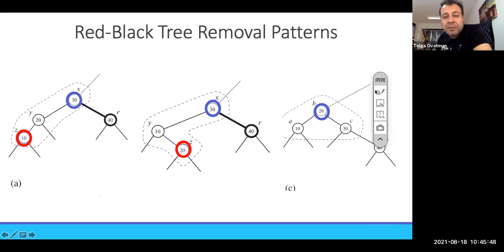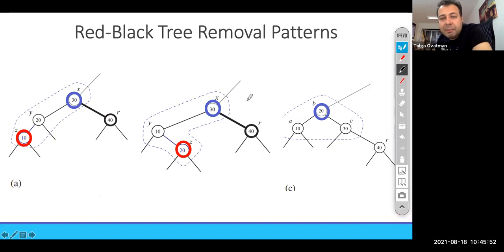So the bold lines represent the removing node. So 40 is going to be removed. And the blue node is either red or black. It doesn't matter. So this one can be red or black. It might be either one of those.